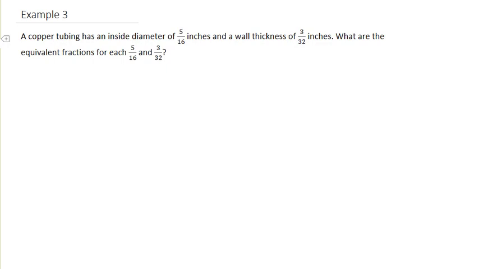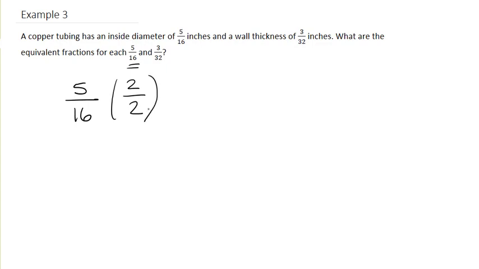A copper tubing has an inside diameter of 5/16 inches and a wall thickness of 3/32 inches. What are equivalent fractions for each, 5/16 and 3/32? So let's go ahead and look at the 5/16 first. So we have 5/16, and let's just go for the first one. That seems a little bit easier.